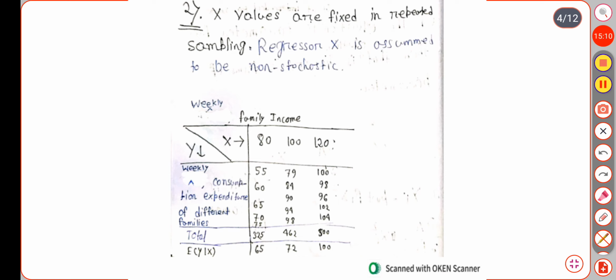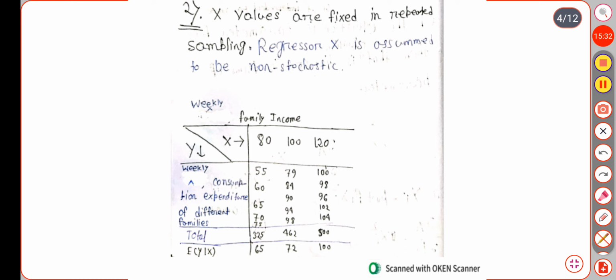Not at all. This total is being calculated from only those 5 families who have an income of $80. This total is being calculated from only those 5 values, only 5 families who were under the income group of $80.